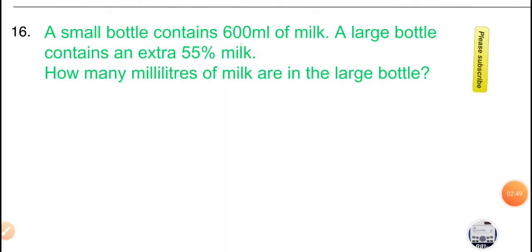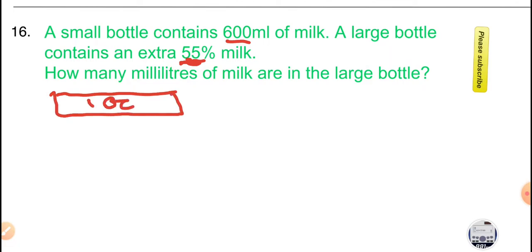A small bottle contains 600 milliliters of milk. A large bottle contains an extra 55% milk. How many milliliters of milk are there in the large bottle? So we have to work out the decimal multiplier to get a 55% increase. So you start off with your 100%, and then we're going to add another 55%.